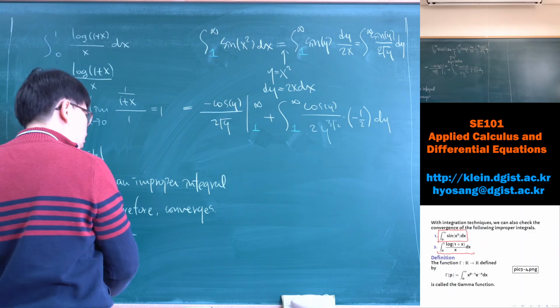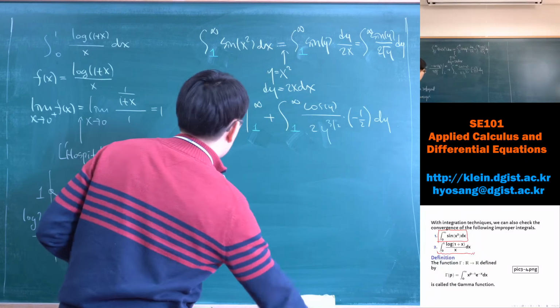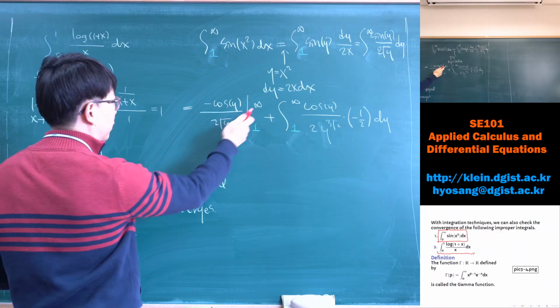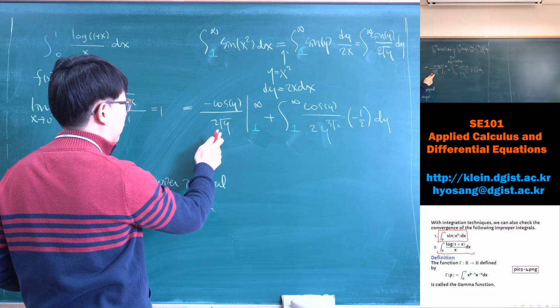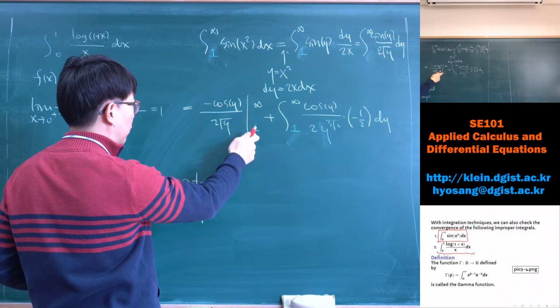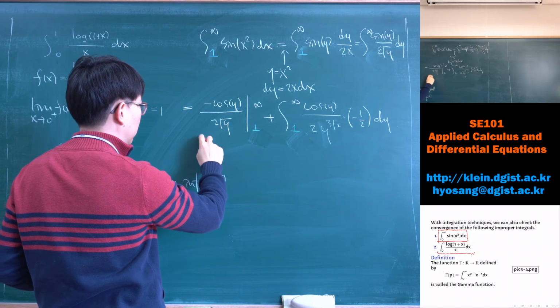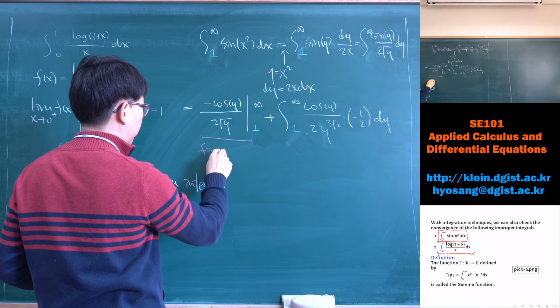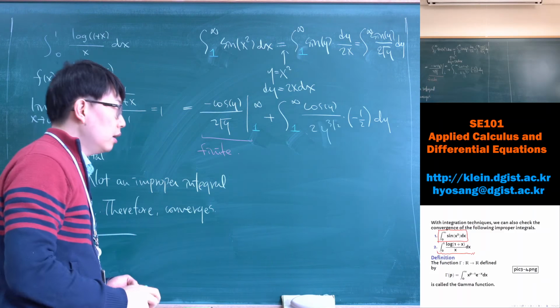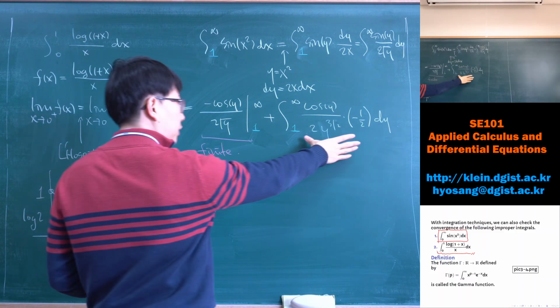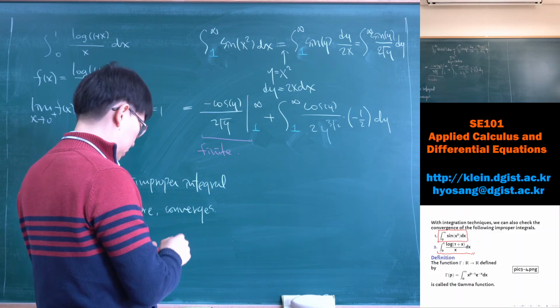Now, then we have this part. First, when I take infinity for y, then it becomes 0, and when I put y equals 1, then it's a finite value. So this is finite. Now we only need to check whether this integral is finite or not.